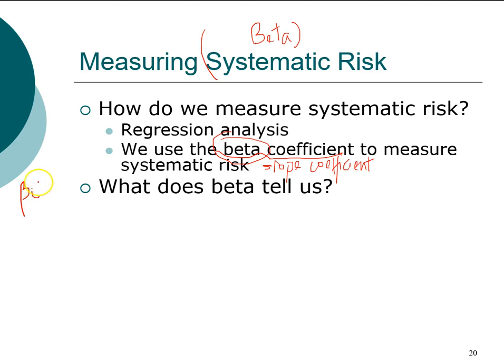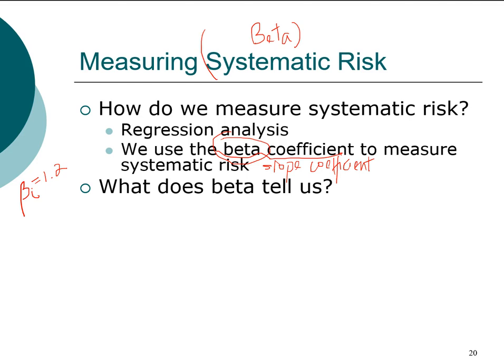If we say a stock has a beta of, say, 1.2, what does that mean? That's what we try to address with the next set of concepts. So it makes sense to have some form of standardization.